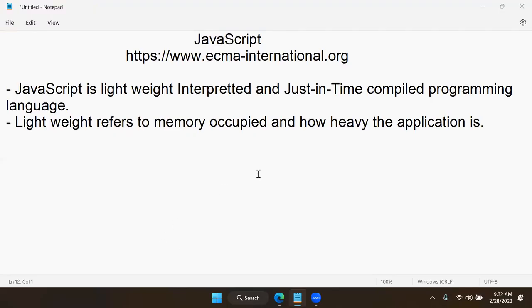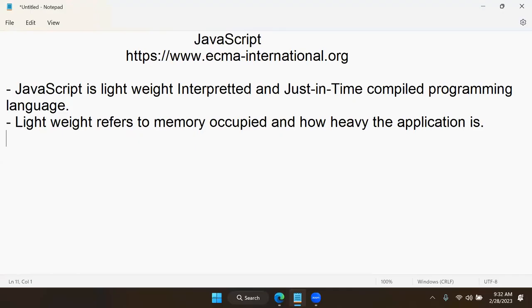Let's continue here. So it is a lightweight application. Lightweight means it occupies less memory, and it specifies how heavy that application is.